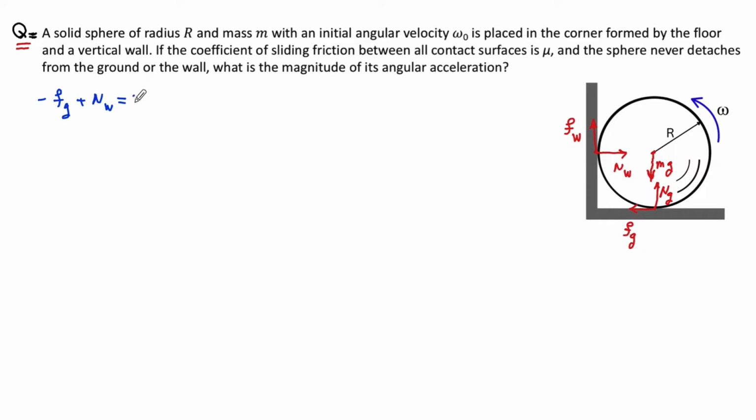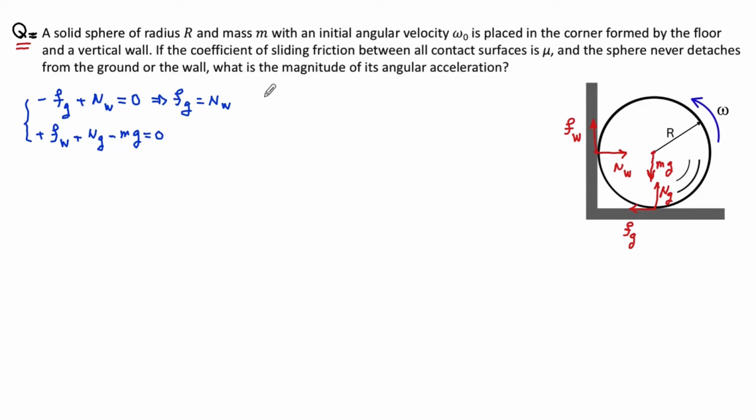That's why this is 0. Now for vertical forces, we have Fw upward plus Ng, and mg downward, minus mg. This is 0, right? We have these two equations. From this equation, we get Fg equals Nw.